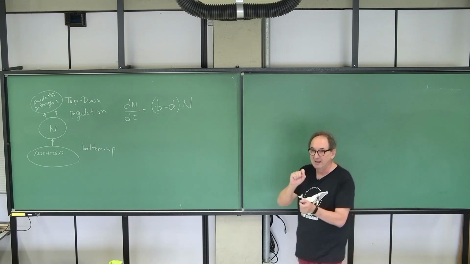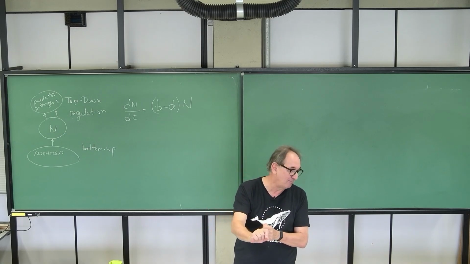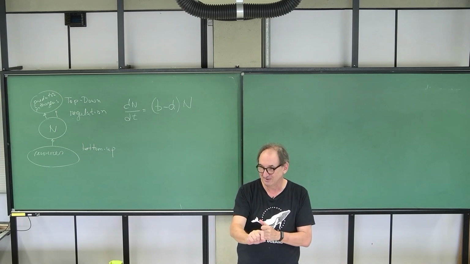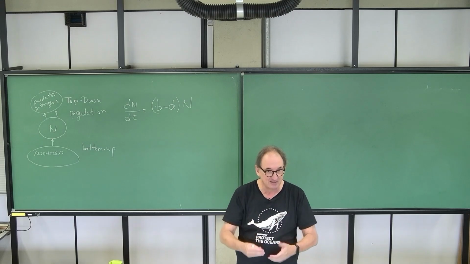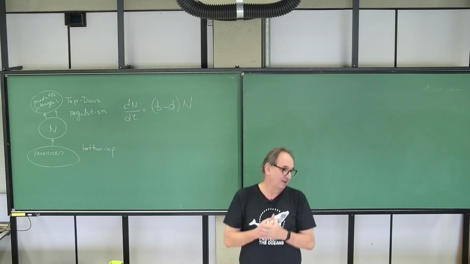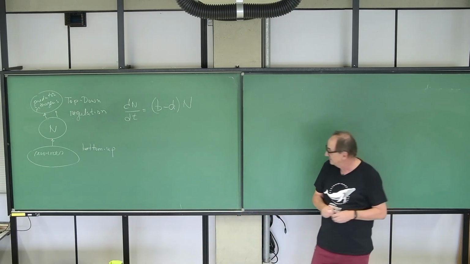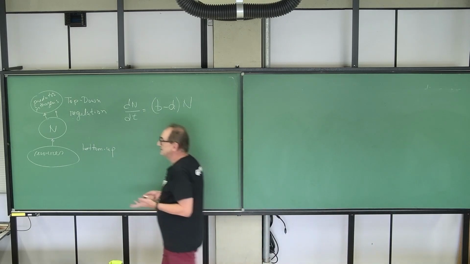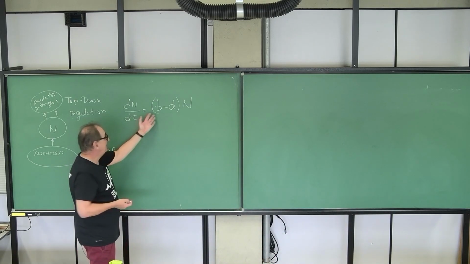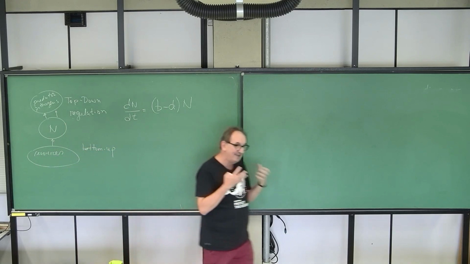I will make some hypothesis at the level of the population directly. So that's phenomenological because it's not derivable from a lower level of description. Right? So what we will say is B and D will depend on N.